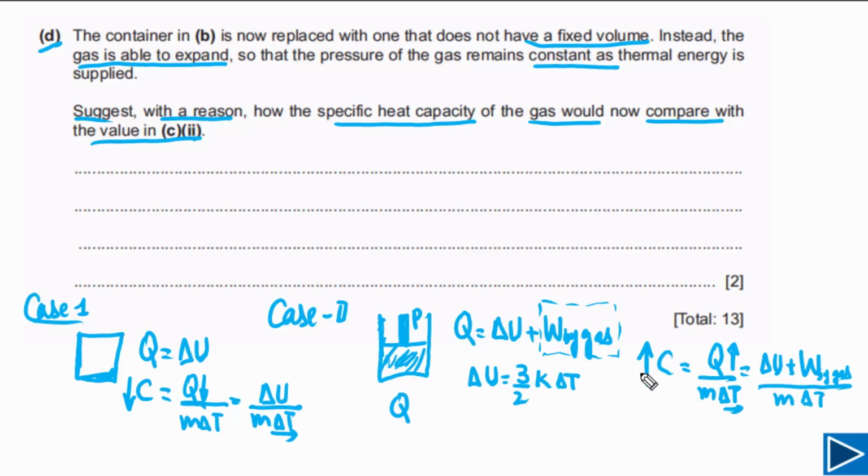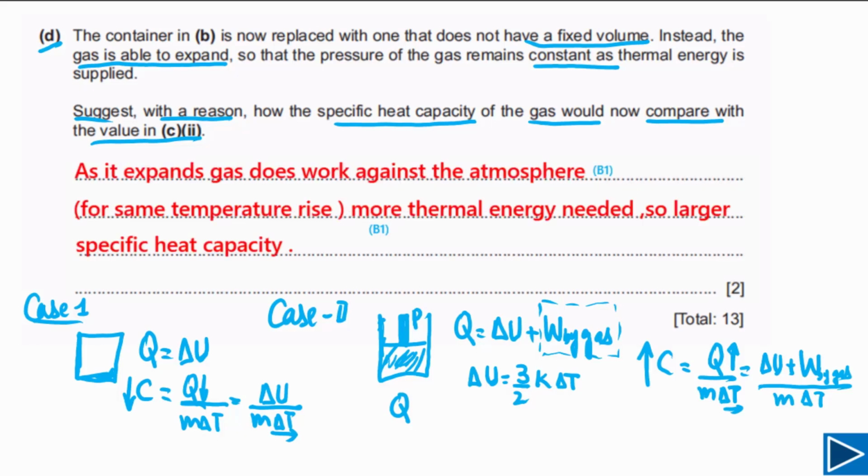If you have understanding of these points, now we can write down our final answer. And this question has 2 marks. So let me explain how to write the answer and how marks will be awarded. The first mark will be awarded if you say, as the gas expands, the gas will do work against the atmosphere. When the gas is expanding, it has to do work against the atmosphere, because there is P atmosphere acting on the gas, so in order to expand, it has to do work against the atmosphere.